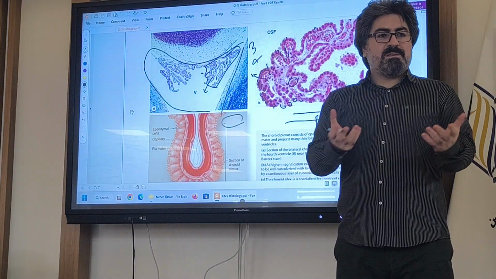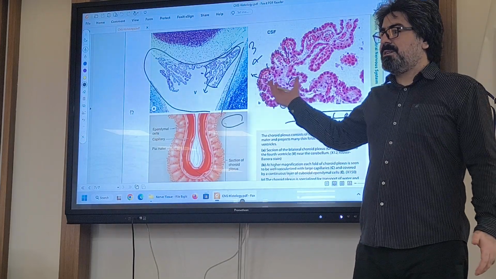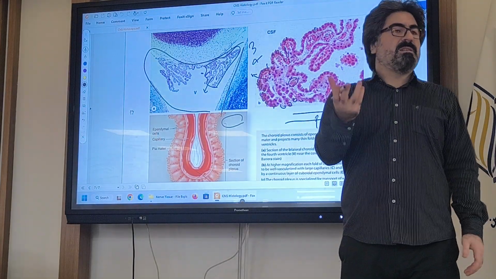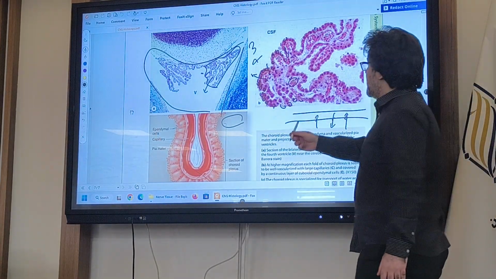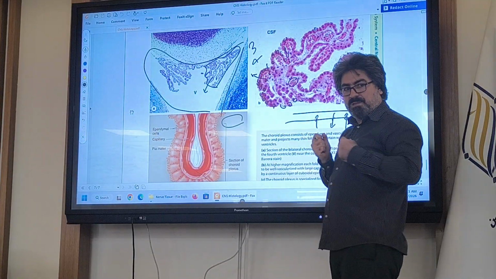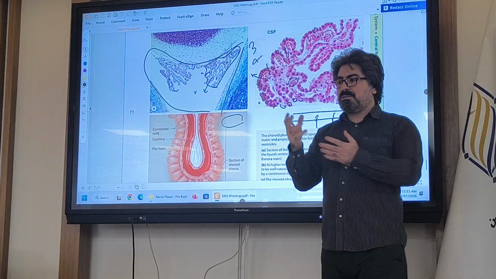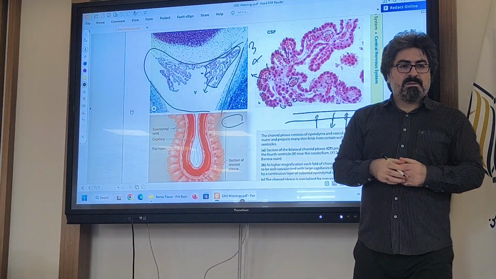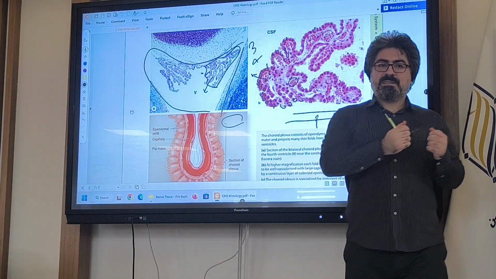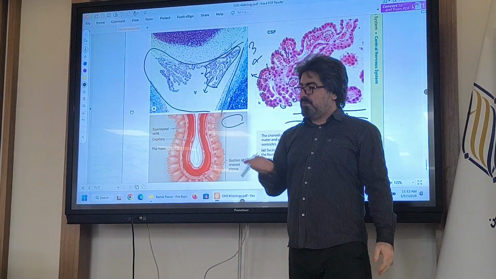What is fluid? CSF, mainly water. And the origin of water is blood vessels, blood. So ependymal cells of choroid plexus absorb water and ions, for example, NaCl, from blood and secrete into ventricles as CSF.